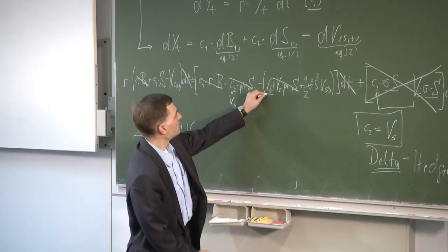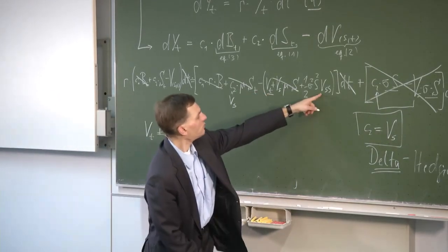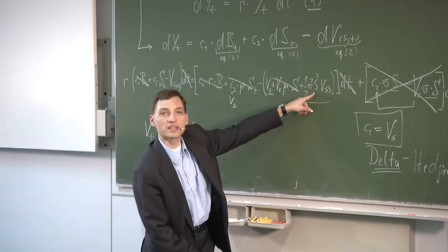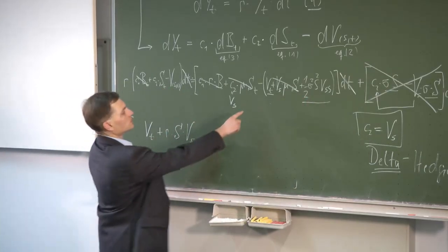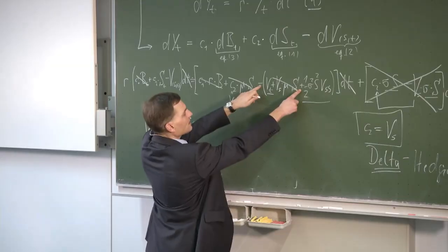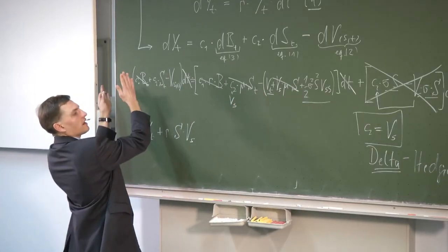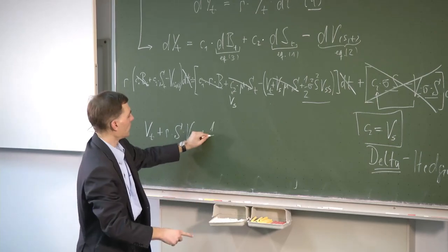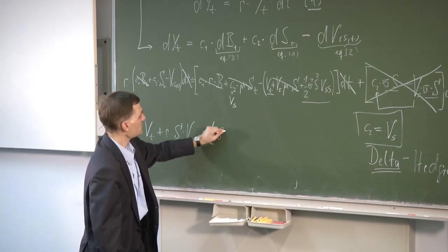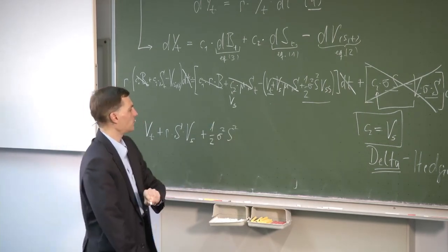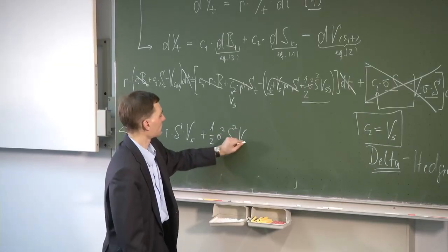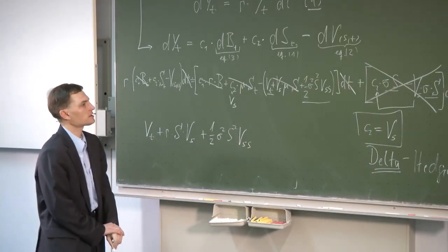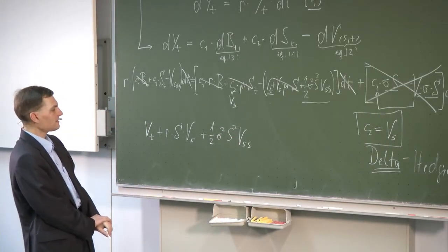So we have this on the other side already, but we have to move also this term on the left-hand side. So take a look. This is also a minus, but if we move the whole term on the other side, it gets a plus. So then it's plus 1 over 2 sigma square S square second derivative of the option price function in respect of VSS.